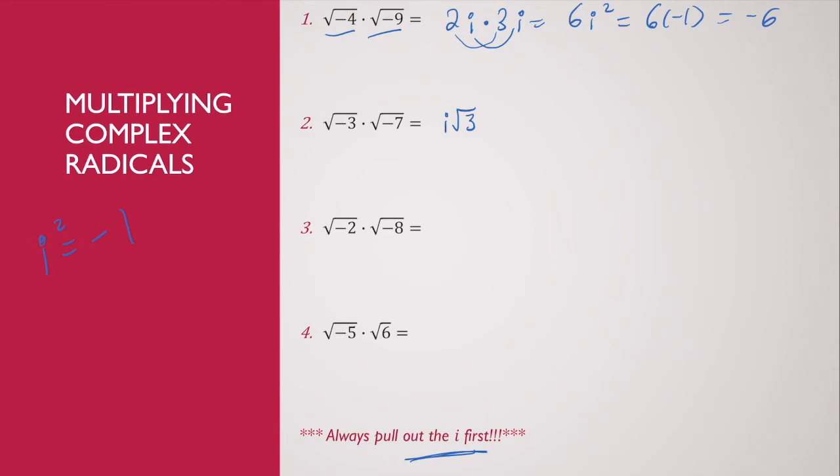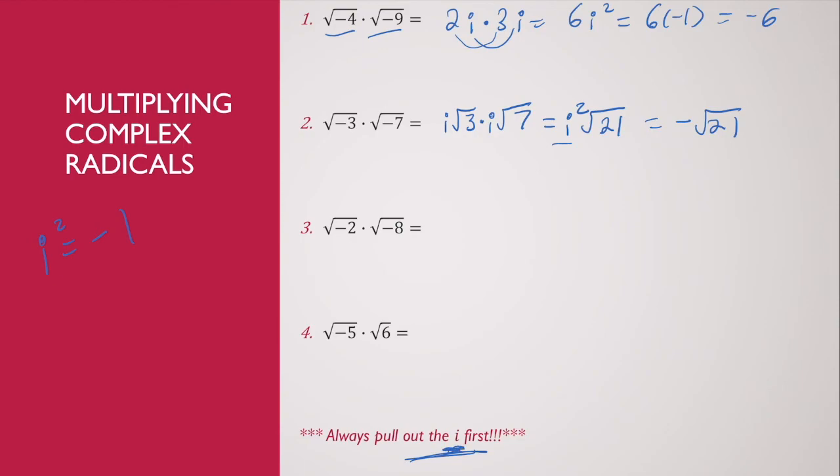I've got i square root of 3 times i square root of 7. This would give me i squared times the square root of 21. i squared is negative 1, so I just have negative square root of 21.